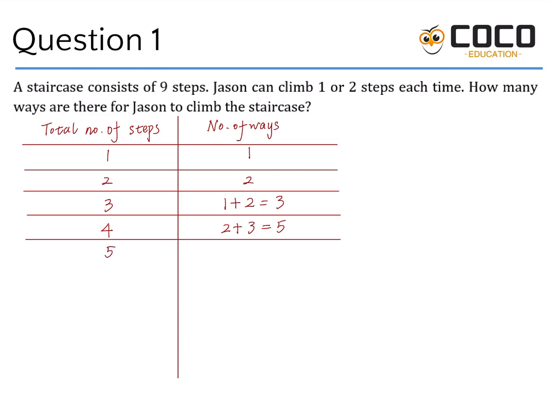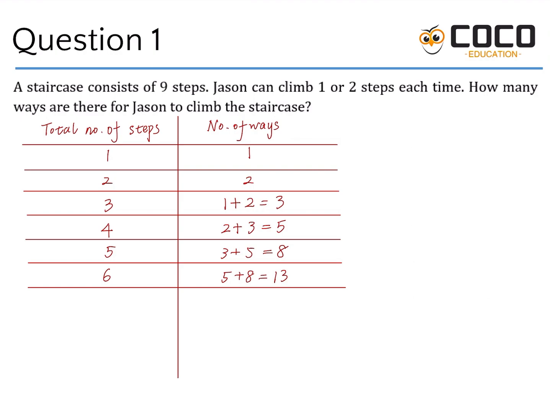For the next one, we add these two numbers together. 3 plus 5, that's 8. And if the number of steps is 6, there will be 5 plus 8, so 13. If it's 7 steps, this is 8 plus 13, 21.